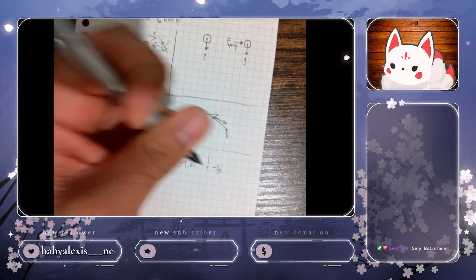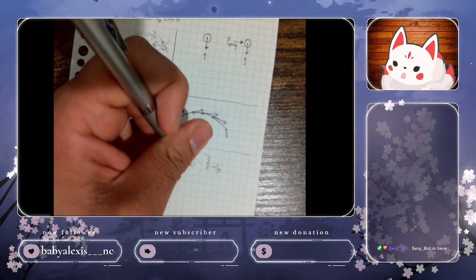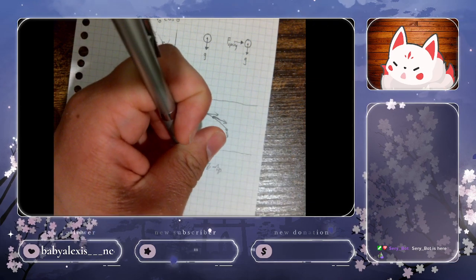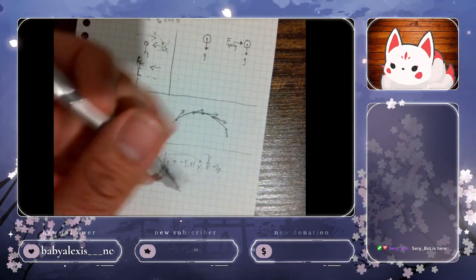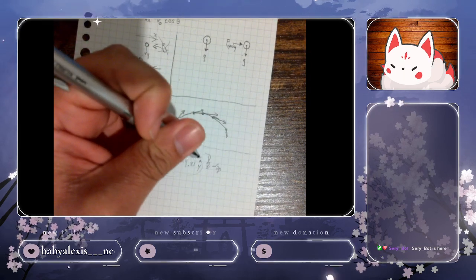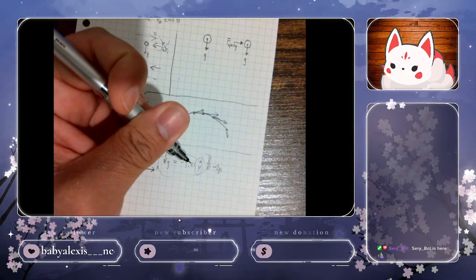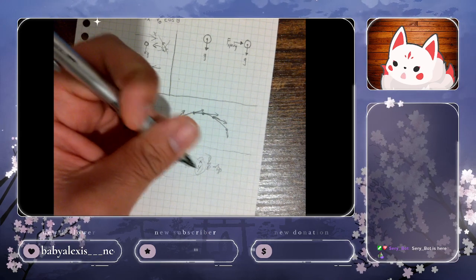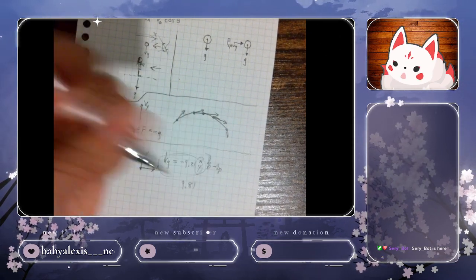Yeah, you do this. This makes sense. So we have g equals negative 9.81, and then y hat. The hat just determines the direction. So the value by itself is 9.81.